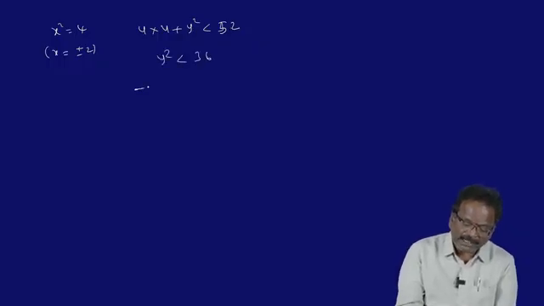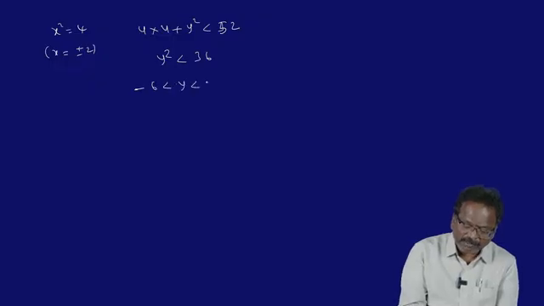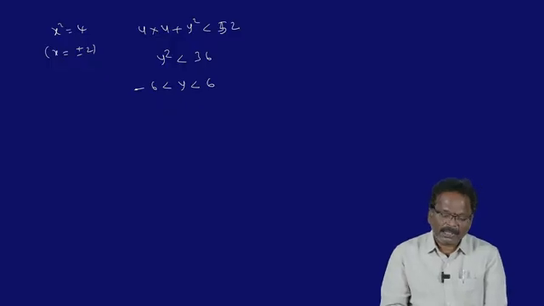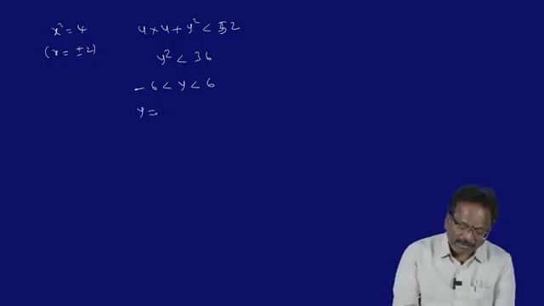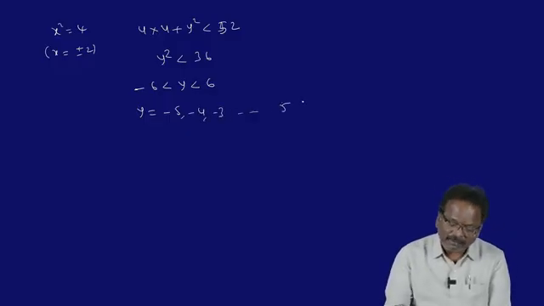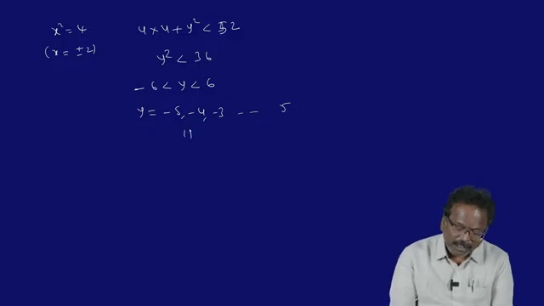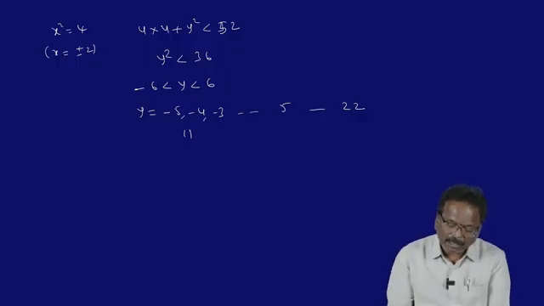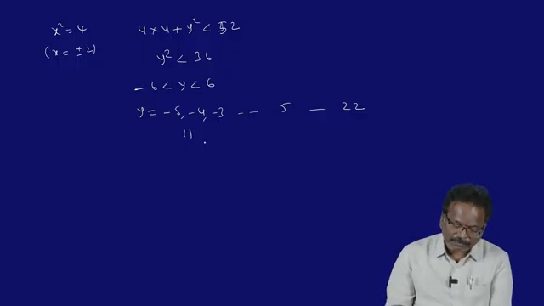Y lies between minus 6 and plus 6, so y may be minus 5, minus 4, minus 3, up to 5. Here 11 values are possible for y. If x is plus 2, 11 values; if x is minus 2, 11 values. The total number of pairs is 22.